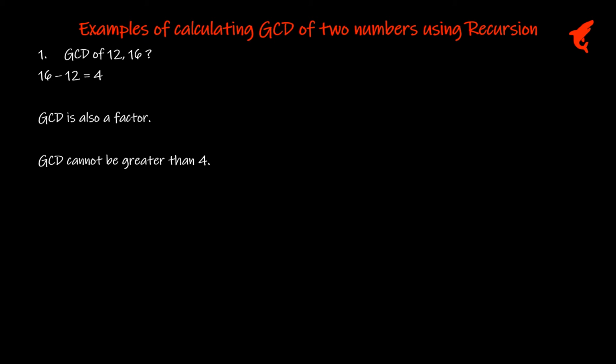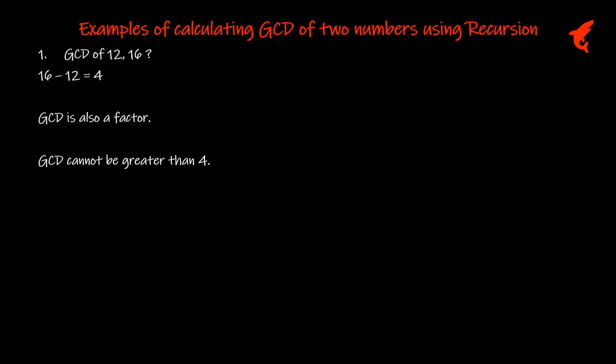Why so? Let's assume that any number greater than 4 could be GCD of these two numbers. Let's assume that number 5 is GCD, and because it's a GCD, it is also a factor of 12. We will assume so, although we know this is not true.